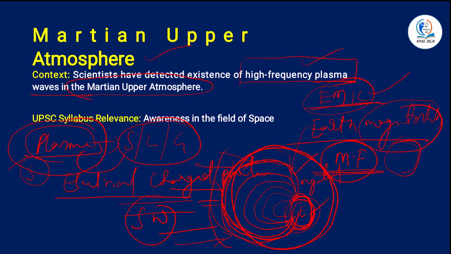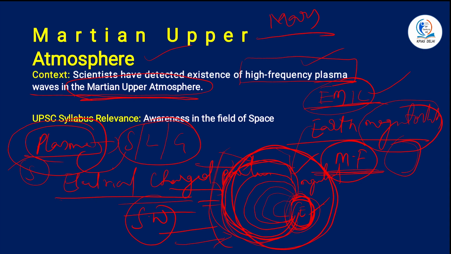So now coming back to the context of this particular article, it is talking about the context of Mars. Mars's magnetic field you need to understand before understanding the plasma waves and all. Unlike Earth, the major unique factor is Mars does not have a global magnetic field.